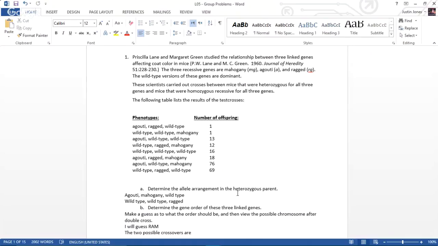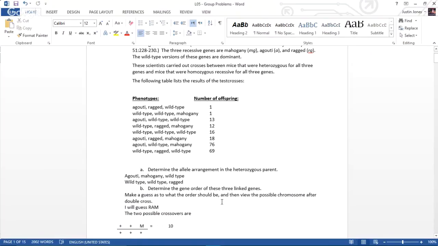So in order to find that, you have to find out which two of the phenotypes of the progeny are the most represented. And so if you look at this, the numbers that are biggest are the 76 and the 69. So the two parent arrangements are going to be the agouti, wild type, and mahogany. And then wild type, ragged, wild type. So there you go.